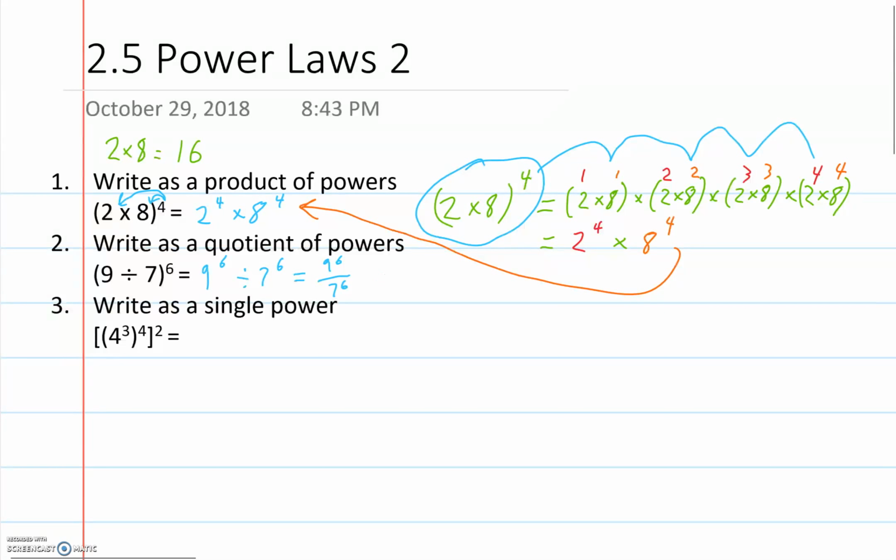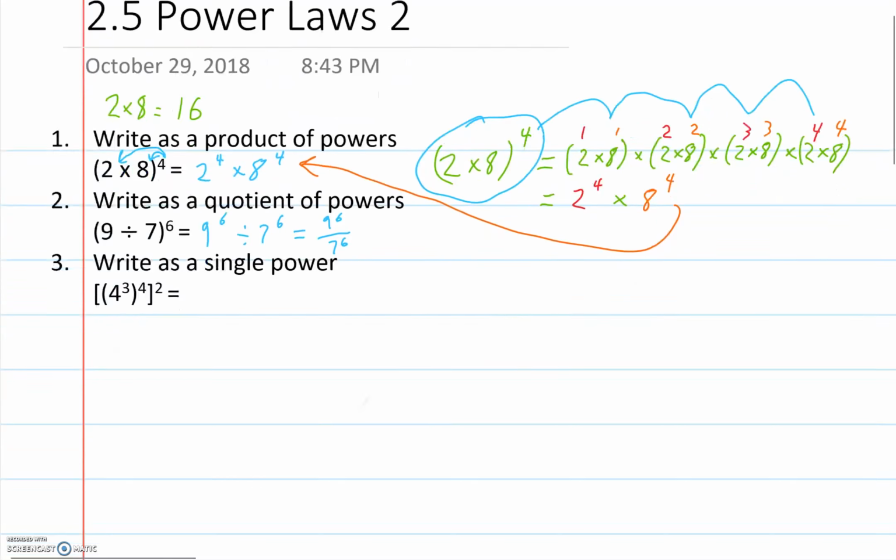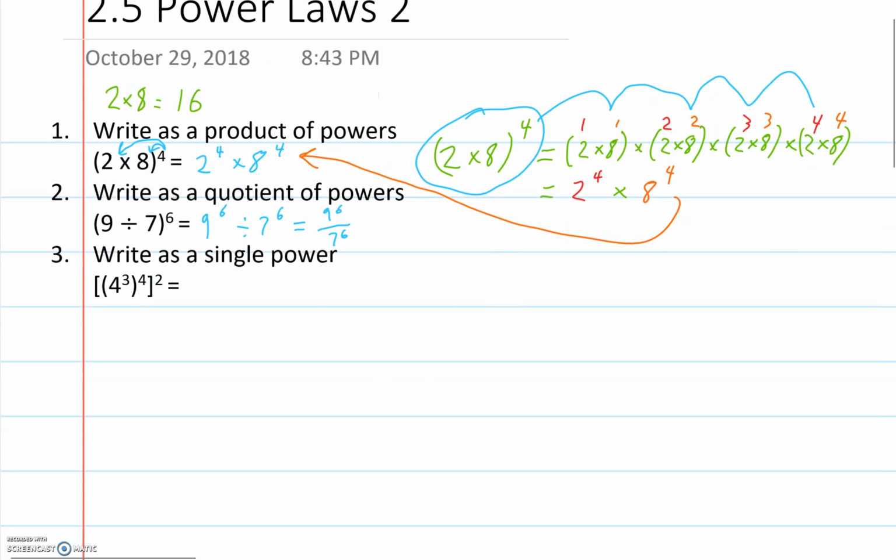Okay, so that's good. Now let's look at this last version. Write as a single power. So far we've talked about the quotient law and the product law. If you have 4 to the 2 times 4 to the 3, if you're multiplying, you just add the exponents.